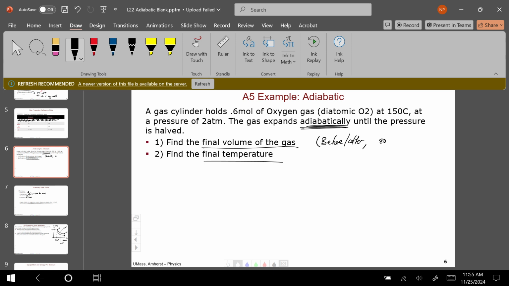So our first instinct will be to look at PV to the gamma equals PV to the gamma. And then maybe if we need to later, if we're asked about work or something, we could use the first law. But our first instinct is going to be to use the PV to the gamma equation. Okay, so find the final volume of the gas. So let's see.